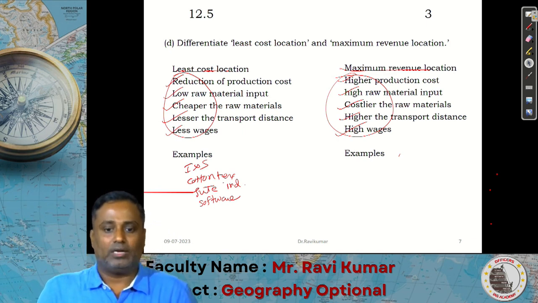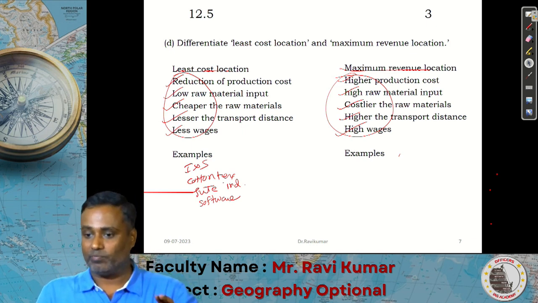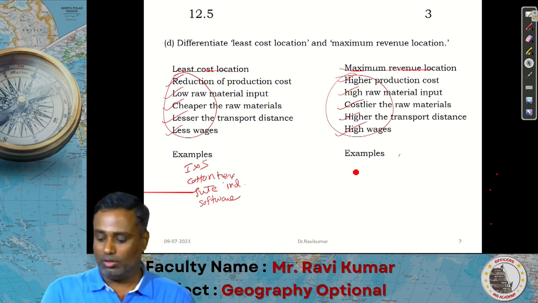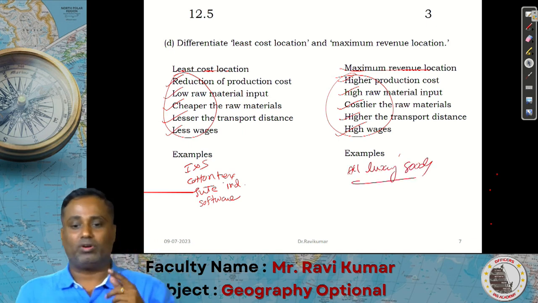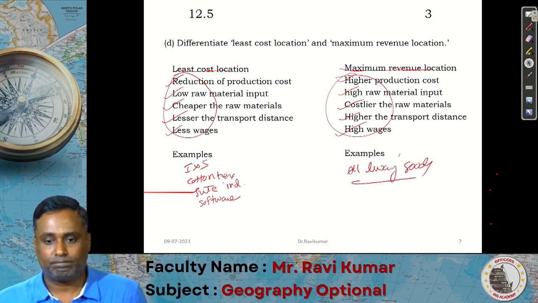Whenever you talk about a luxury good, the people who are going to buy a luxury item never bother about the price of the product. They bother only about the quality, and whether it is available or not. That's all. So all luxury goods come under maximum revenue location. They never bother about the cost or price.